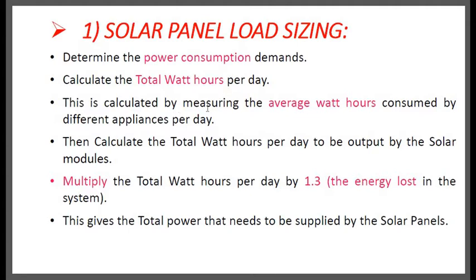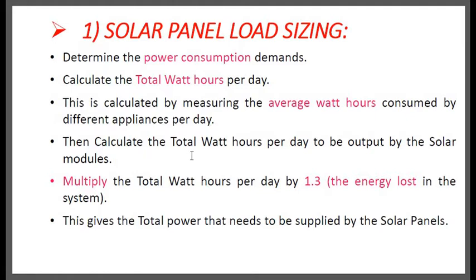This is calculated by measuring the average watt hours consumed by different appliances per day. So we have to analyze the particular appliances during the 24 hours and then calculate this average watt hour.